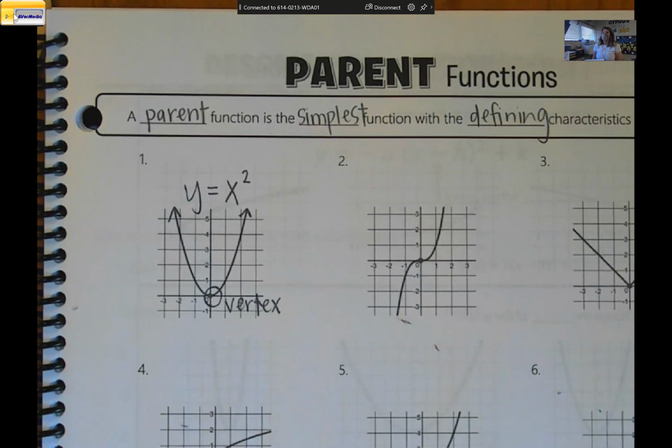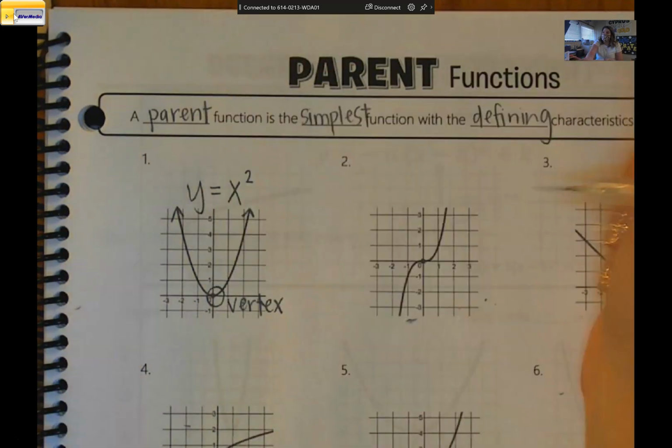So it's the simplest function in the family with the defining characteristics. So for the parabola, its defining characteristic is that it is shaped like a U and it is symmetric, meaning you can fold it in half at the vertex and the two sides will line up vertically.